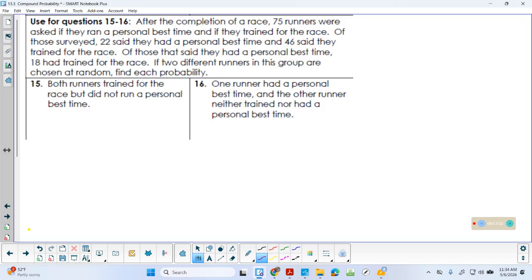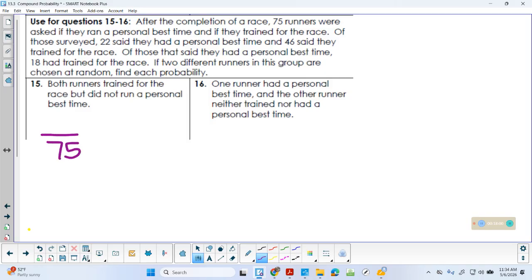Of those surveyed, 22 said they had a personal best time, 46 said they trained for the race. Of those that said they had a personal best time, this is getting wordy, 18 had trained for the race. If 2 runners in this group are chosen at random, find the probability. So first one, both runners trained for the race, but did not run a personal best. Well, I know it's out of 75.